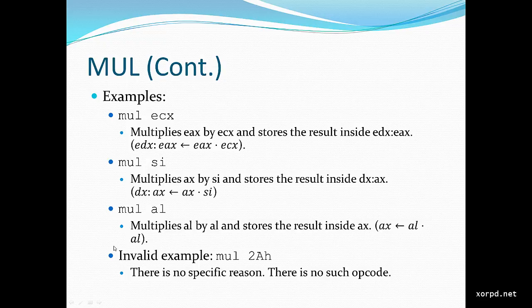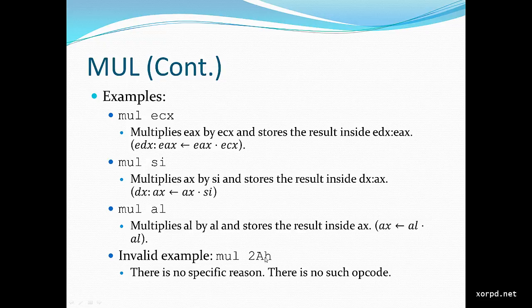As usual, we are going to consider some invalid example. We can look at this, mul 2AH. You might be wondering what is wrong with this example, because you might be thinking, well, this probably multiplies AL or maybe AX by this number, 2A, and stores the result somewhere.